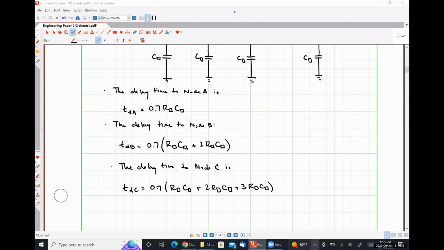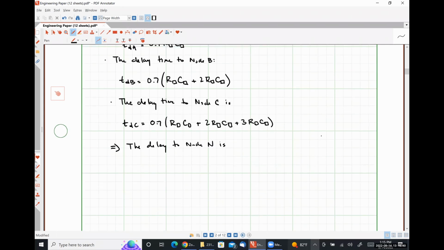All right, so putting these results effectively together, the delay to node N is the total delay time. So we're just going to call that TD.